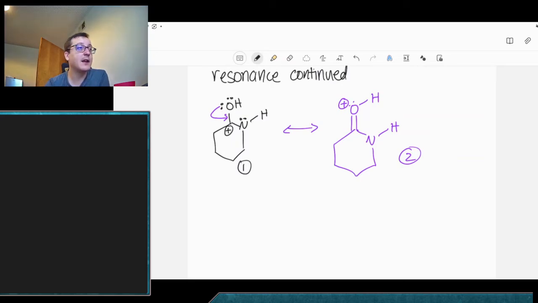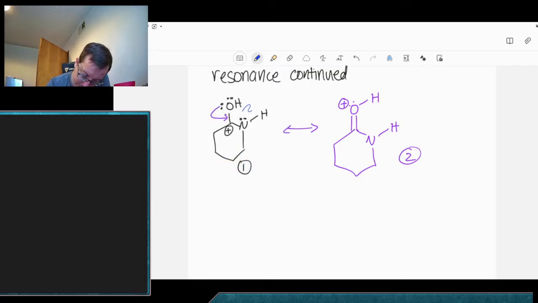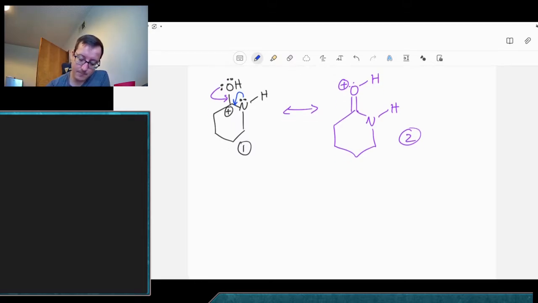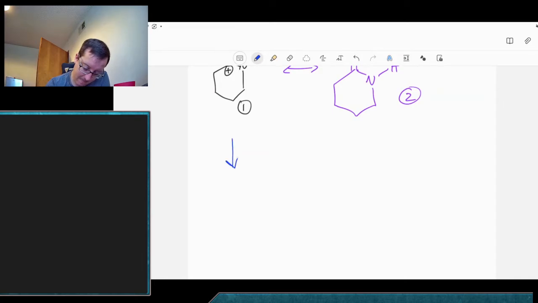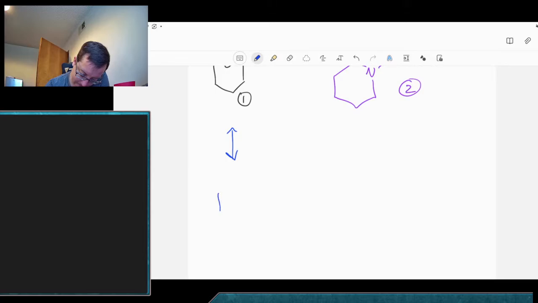And let's go ahead and see also if we are going to resonate from the nitrogen lone pair instead. Let's do that one in blue. So just starting from that lone pair, going down. If we do that, we're going to end up with this. It's so ugly.